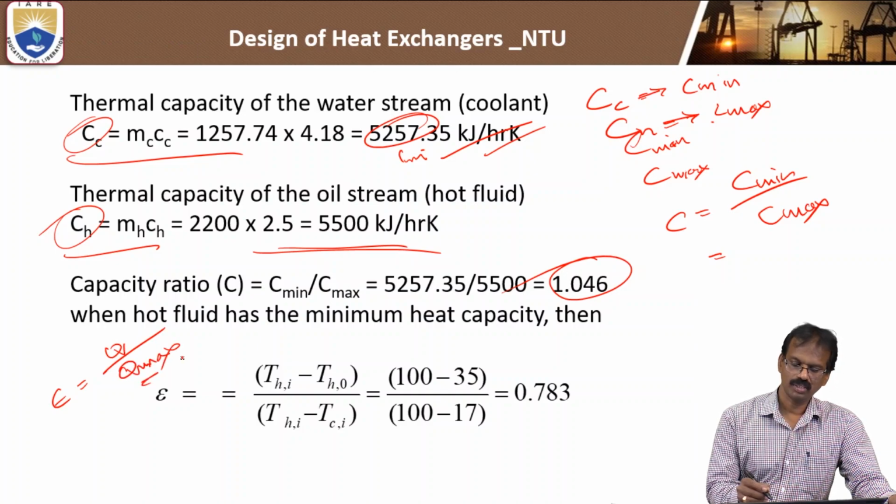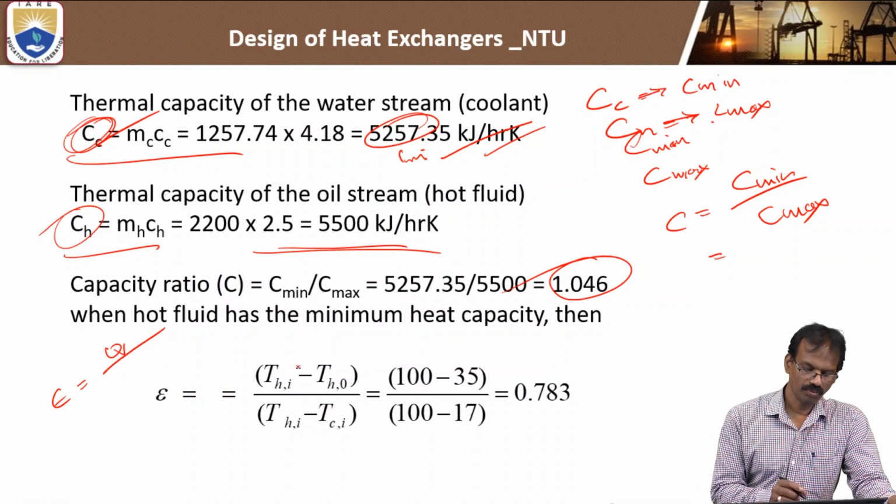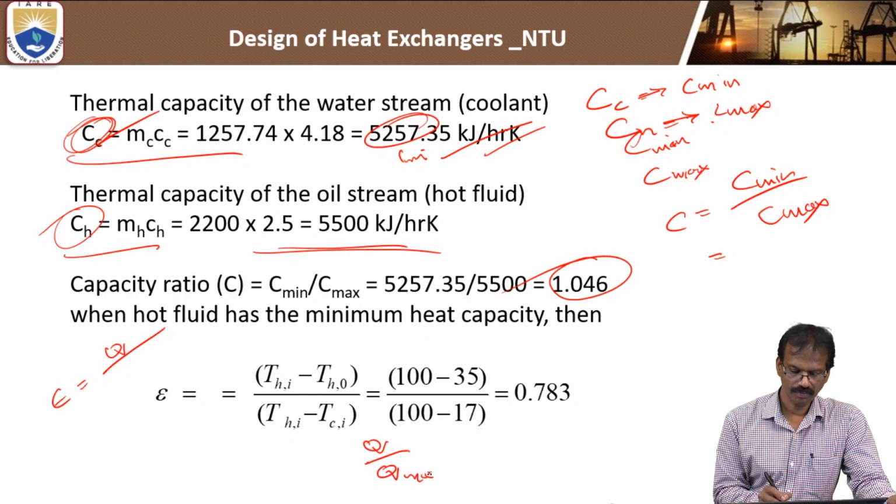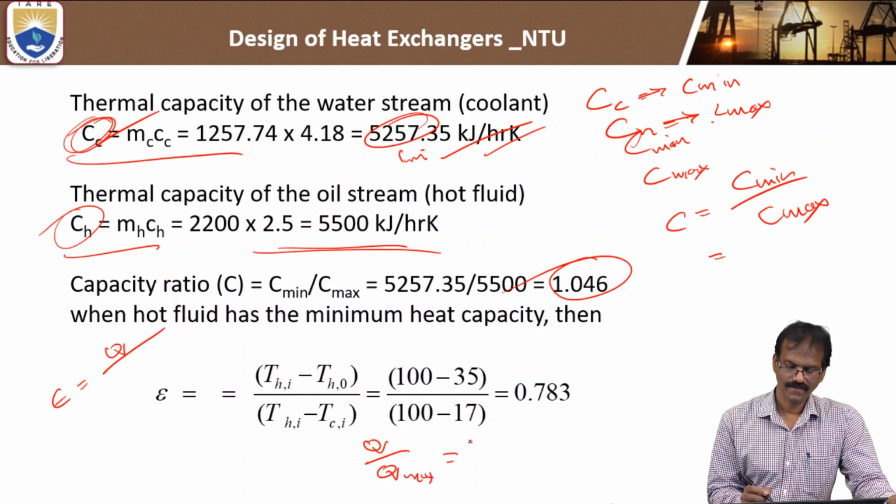Q max is related to whichever is less, which is CC. CC is the lesser one, so we have to consider the rate of heat transfer with respect to the cold fluid. For the cold fluid, the effectiveness is Q by Q max, because CC is the thermal capacity.